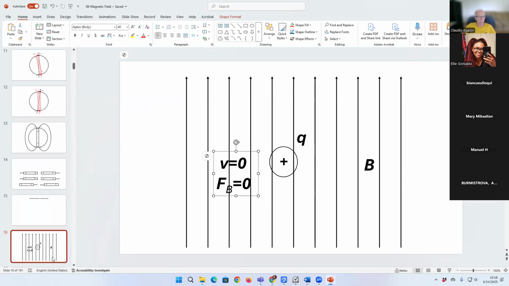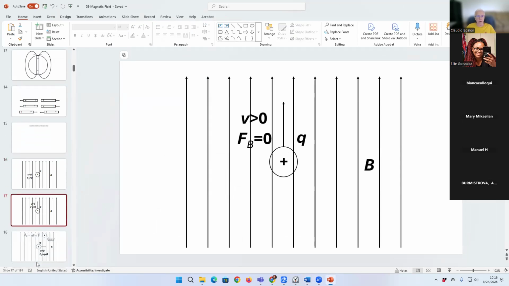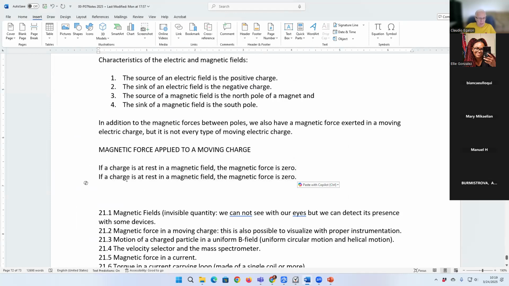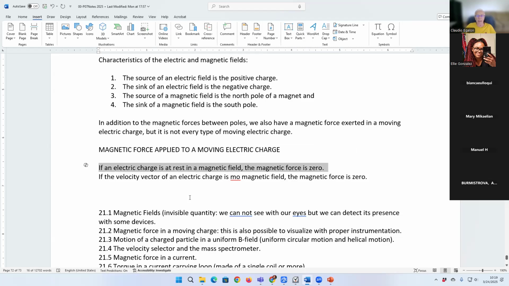One more situation. If the charge is moving parallel to the magnetic field lines, the magnetic force is also zero.